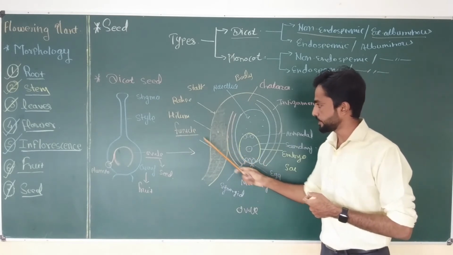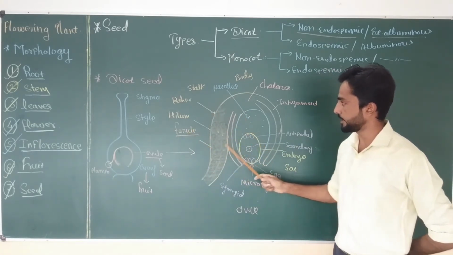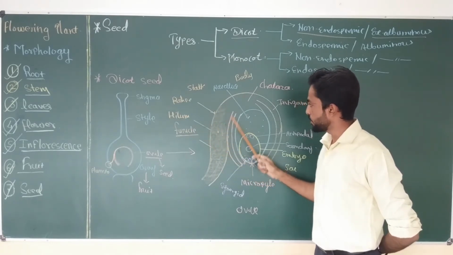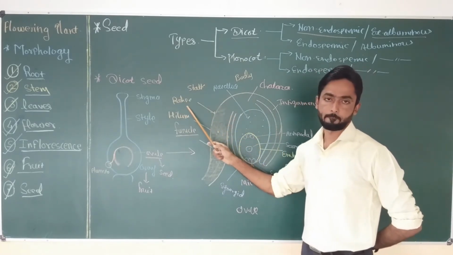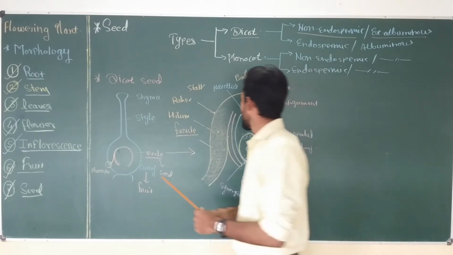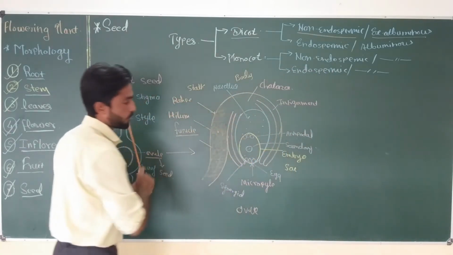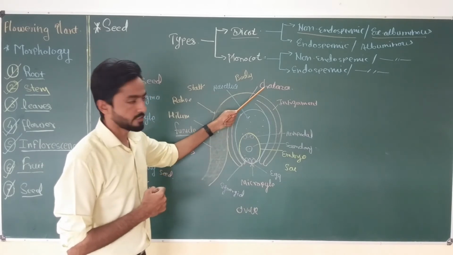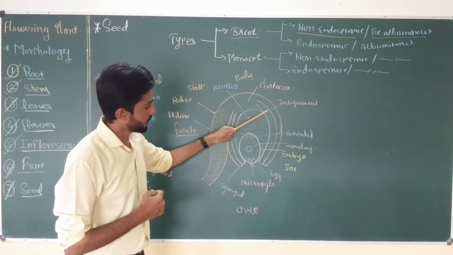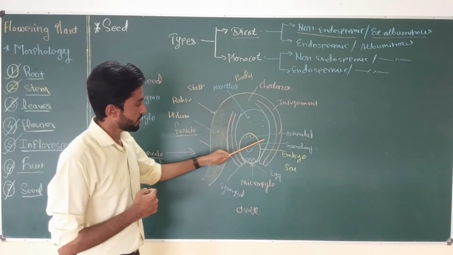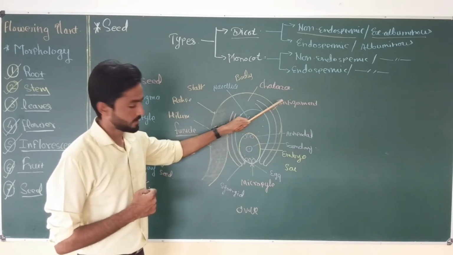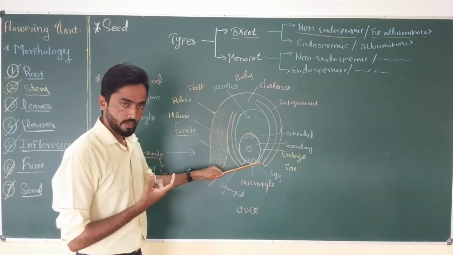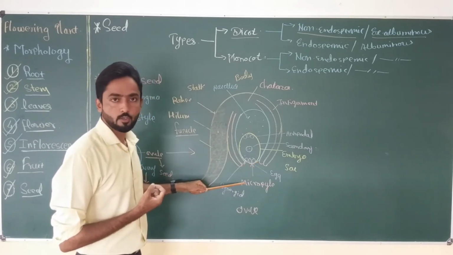The point at which the funicle is attached to the main body is called hilum, and the extended portion of the funicle over the main body is called raphe. Then the main body of the ovule shows 2 ends. Number 1, the topmost end is called the chalazial end, which produces the outer covering of the ovule called integuments, and this integument leaves a space at the terminal end which is called micropyle.